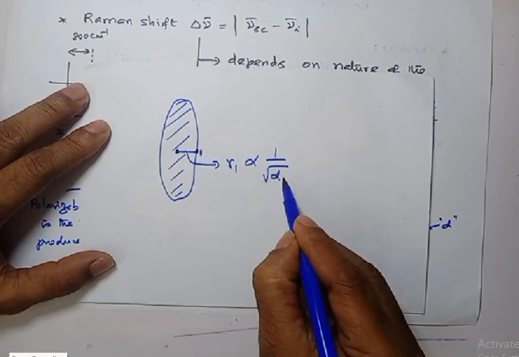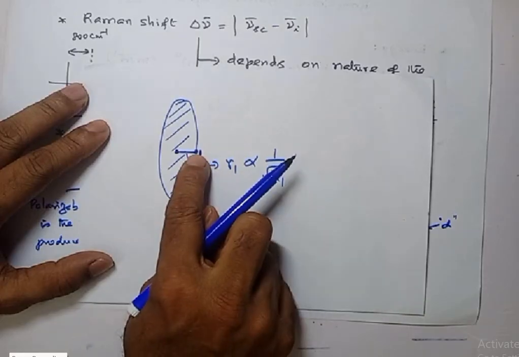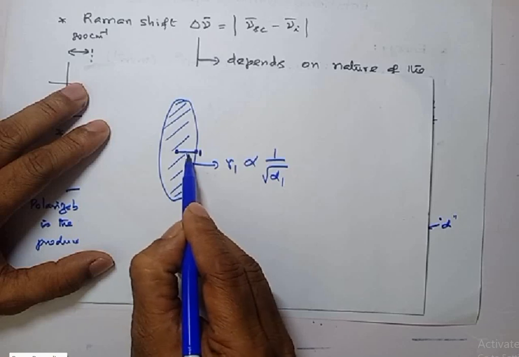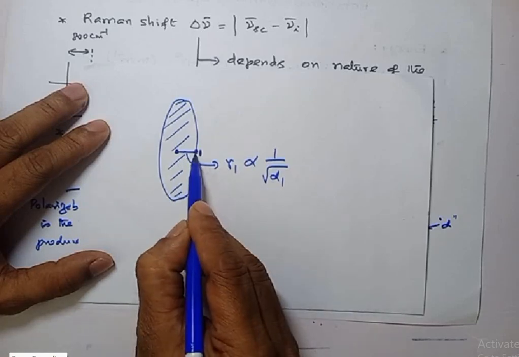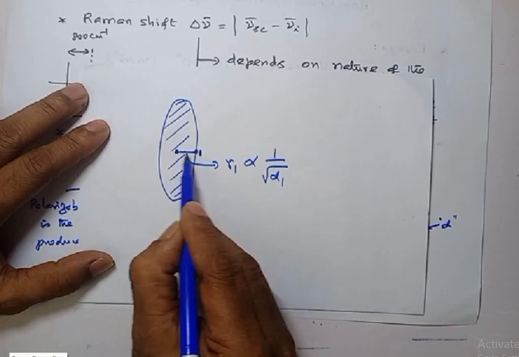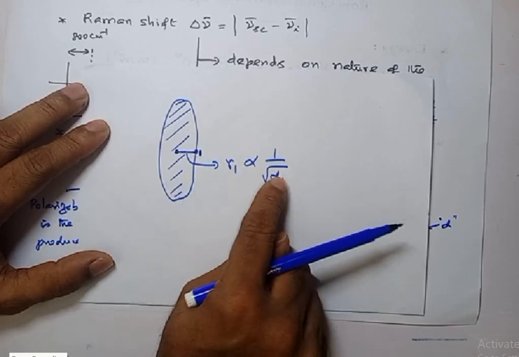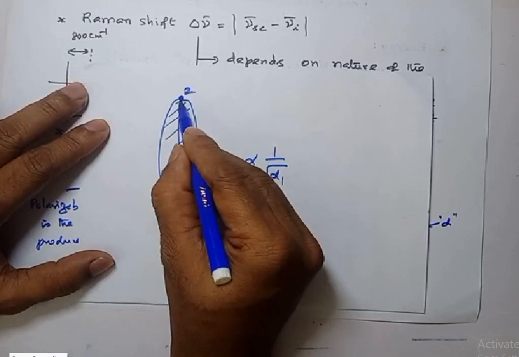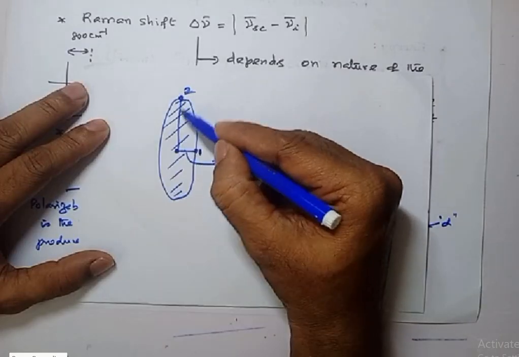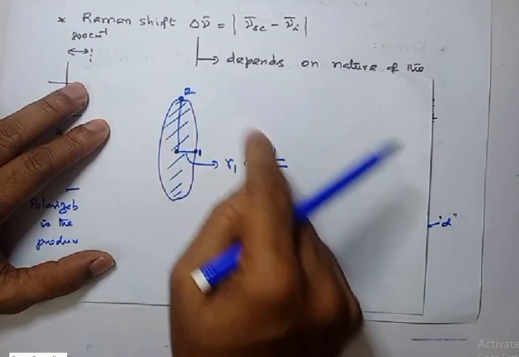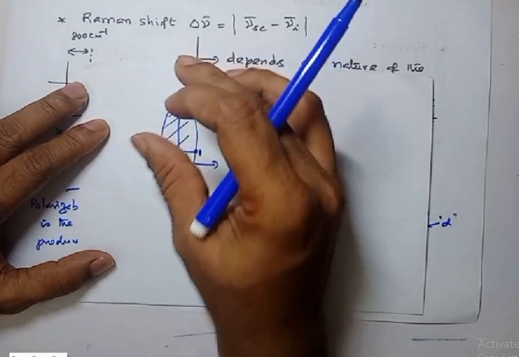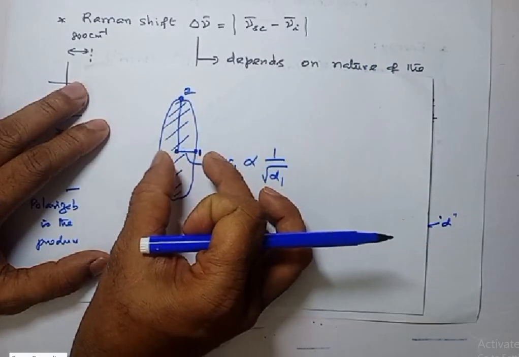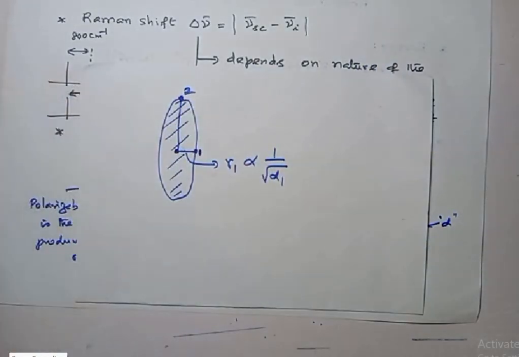Say this point is 1. This length is small, which means polarizability here is large. Along this line, polarizability is large, that's why the length is small. What about here? Suppose I take this point as 2. This length is large, which means polarizability in this direction is small. If polarizability is small, the length will be large. If polarizability is large, the length will be small. Is this clear to all?